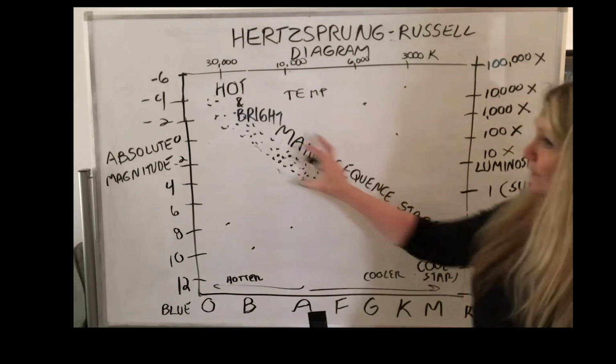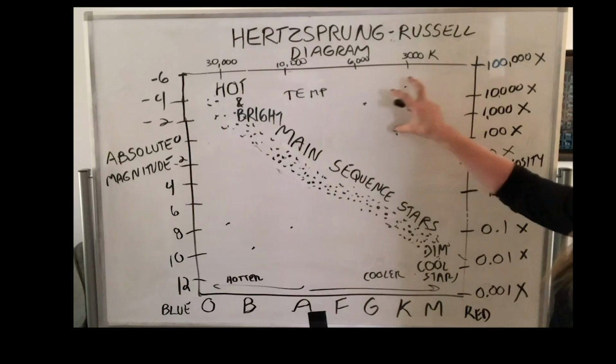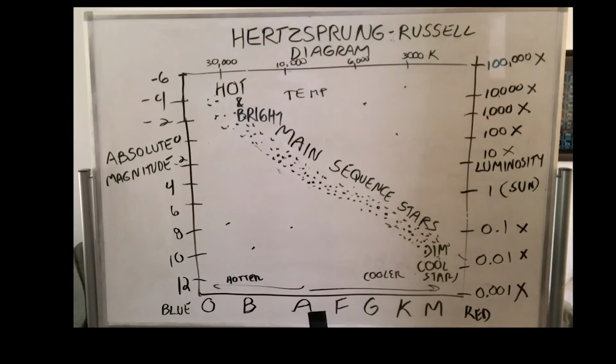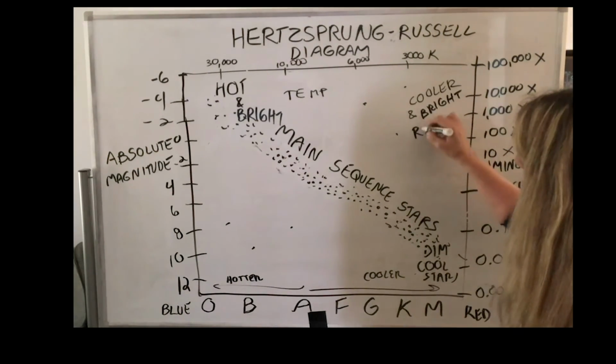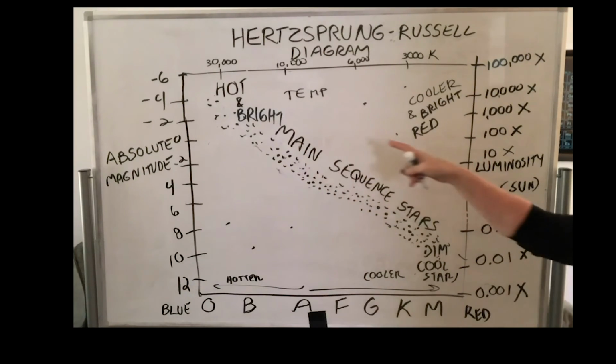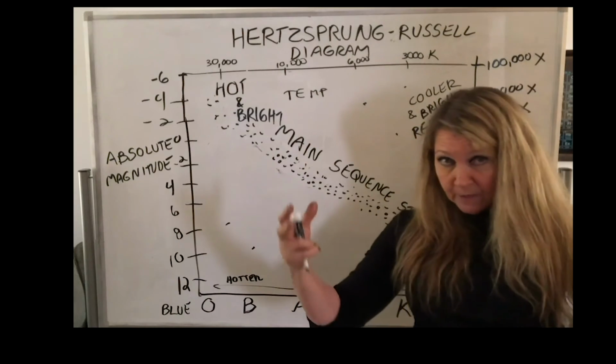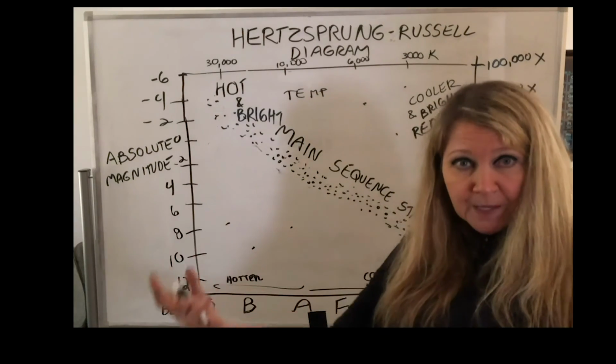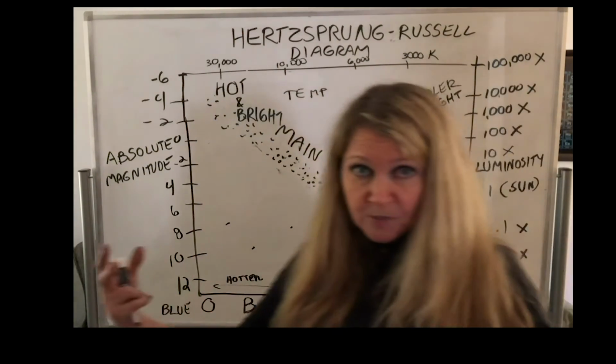Remember, 95% are main sequence, but we do have some here and here. So if we look at this, these are on the cooler end, so they're cooler. So these are red, but they're also brighter. Absolute magnitude is much greater, so they're bigger. And these are then red giants and red supergiants.